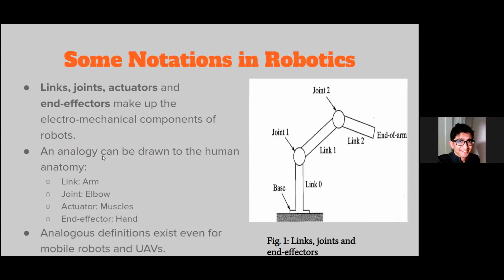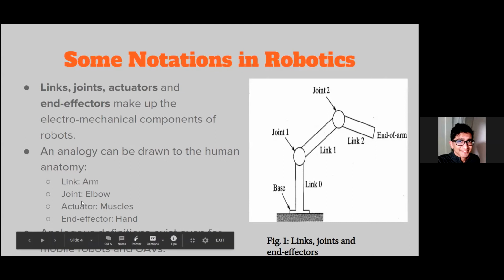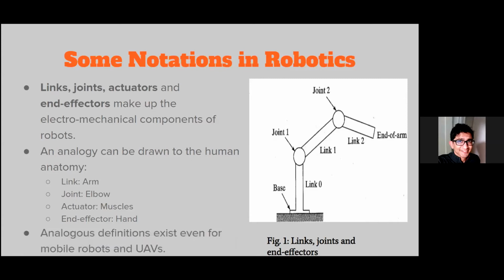Whenever I'm discussing robots, I always bring up how robots are analogous to humans. And you can see it in this picture right here. You can think of a joint like your elbow that enables motion, and you can think of your actuators as the thing causing the motion, like your muscles, and finally you have your end effector, which is your hand.